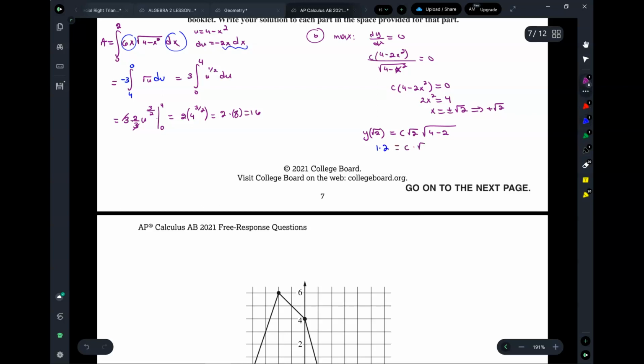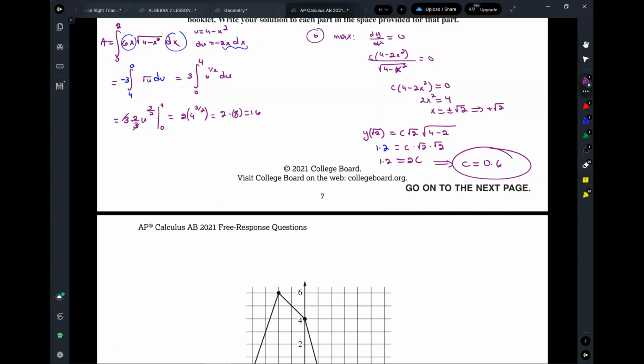Equals c times root 2 times root 2. So 1.2 equals 2c. c is equal to 0.6. Whew. Mic drop moment.